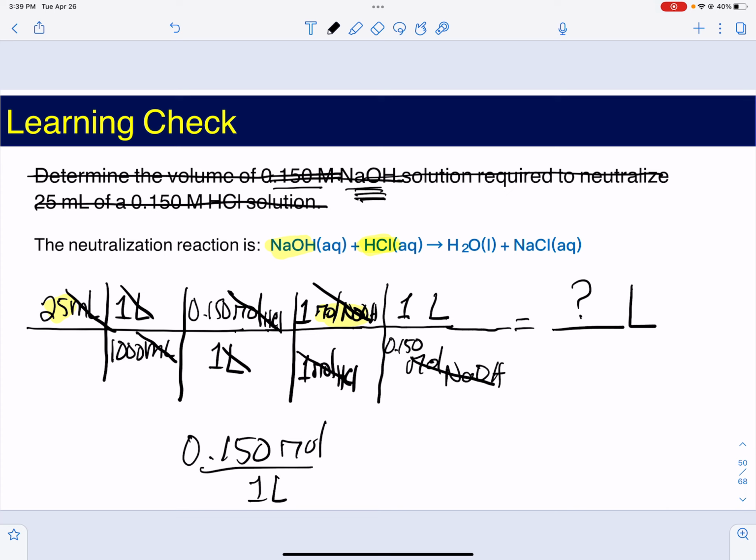So let's see how much that is going to be. 25 multiplied by 1 multiplied by 0.150 multiplied by 1 multiplied by 1, divided by 1,000, divided by 1, divided by 1, divided by 0.150.